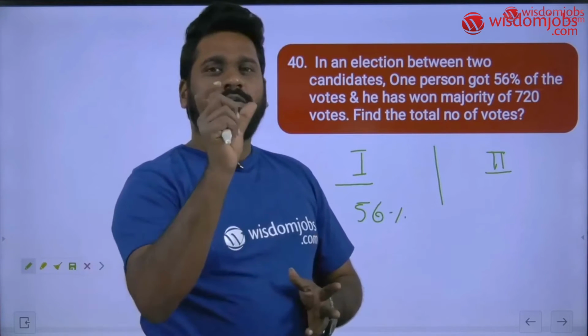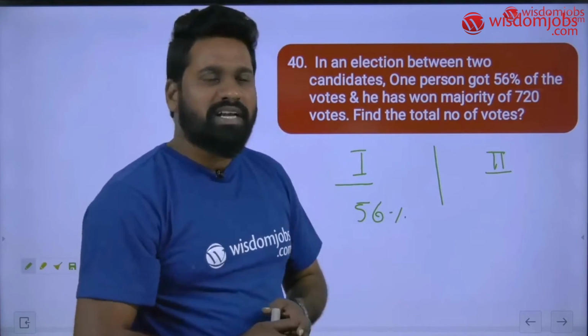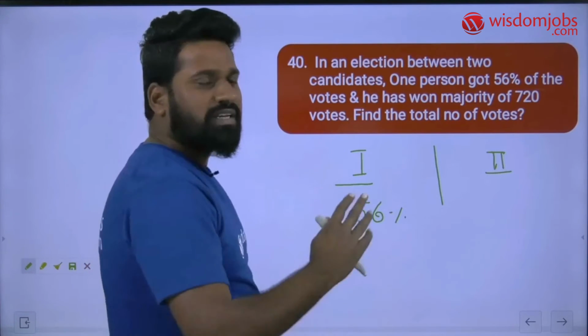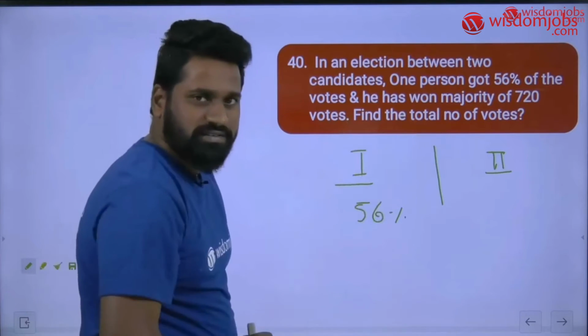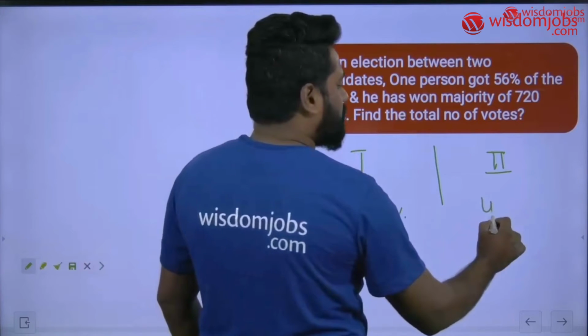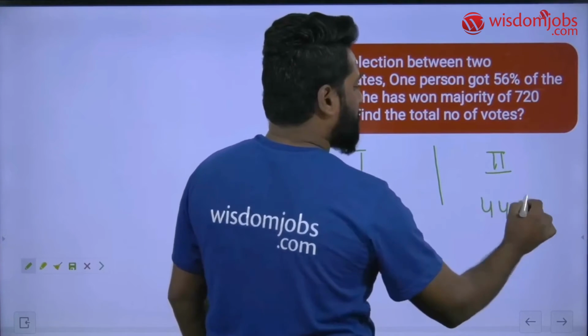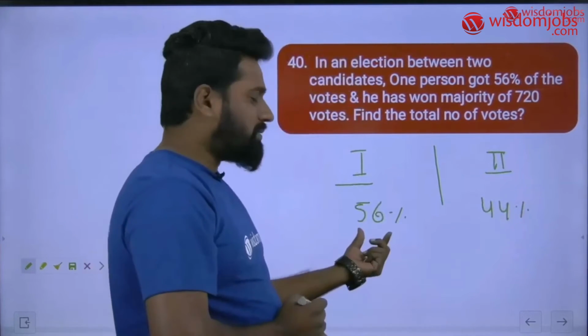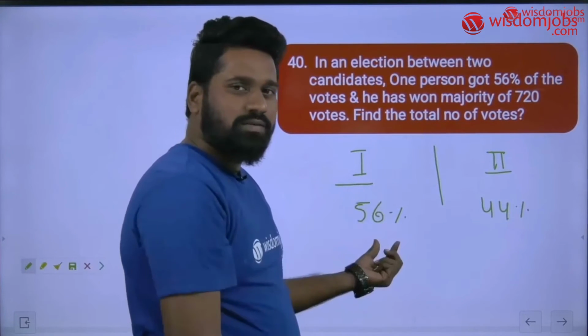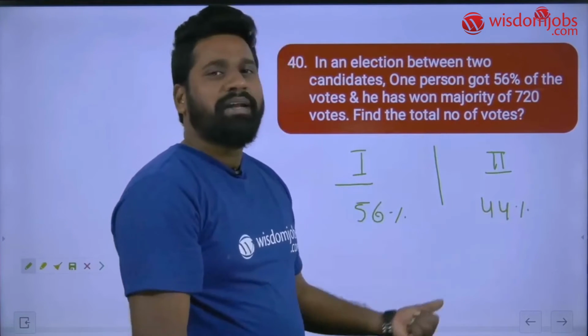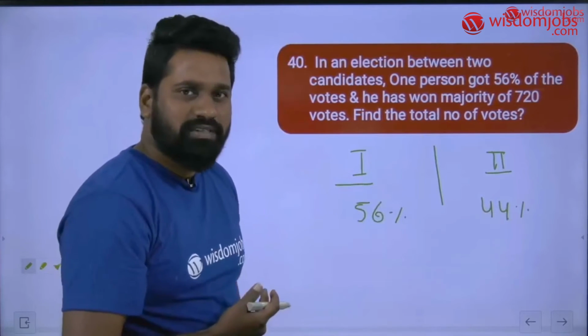So if you take the total number of votes as 100%, 56 means remaining 100 minus 56, that is 44%. Is it clear enough here? The first person is 56, already mentioned in the question itself. Definitely the remaining percentage is 44%.